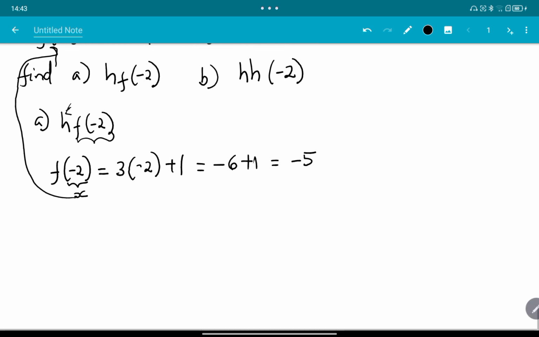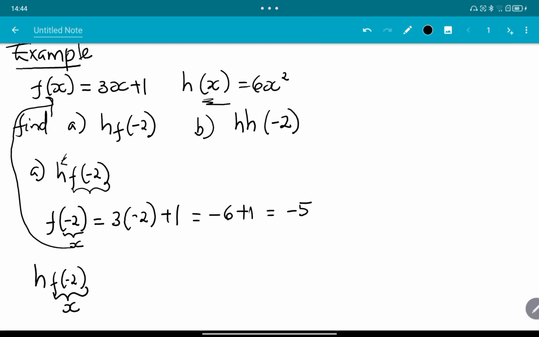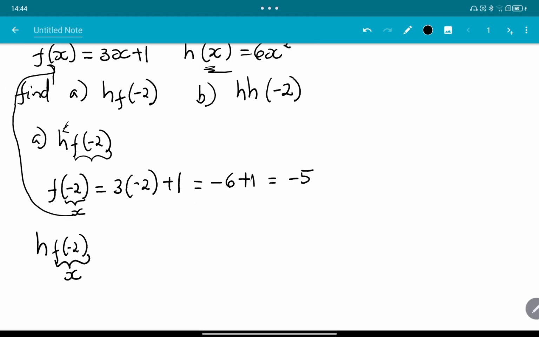Then we come now to h of f of negative 2. So this f of negative 2 represents our x in h of x. Instead of putting x, we put what f of negative 2 is, which we just got as negative 5.